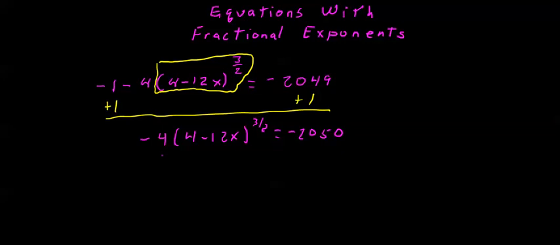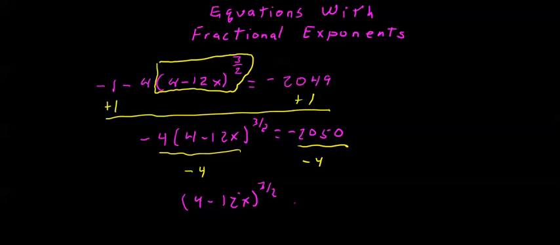Divide by negative 4. And we get (4 minus 12x) quantity raised to the 3 halves equals... there's a mistake there.